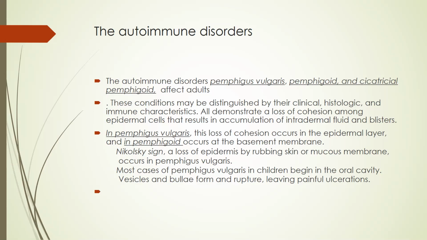That means the attachment of the epidermis to the underlying structure is detached, fluid accumulates in between these spaces, and later on blisters appear. In pemphigus vulgaris, the loss of cohesion occurs in the epidermal layer, and in pemphigoid it occurs in the basement membrane. This is the difference.